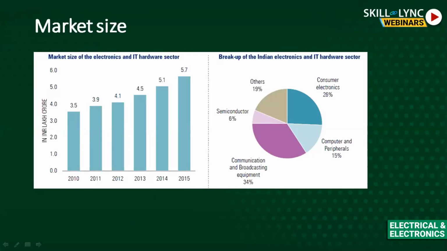You can see 34% share is coming from communication and the broadcasting equipment. Then you have computer and the peripherals 15%, consumer electronics 26%, others is 90%, and the semiconductor, which is only 6%.